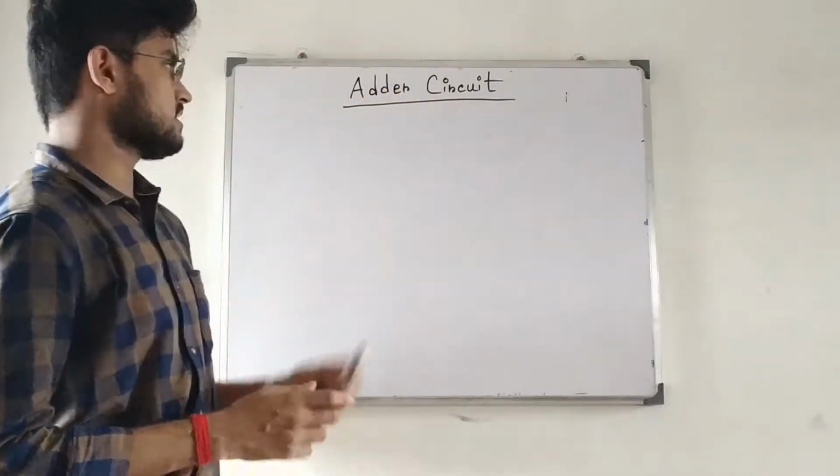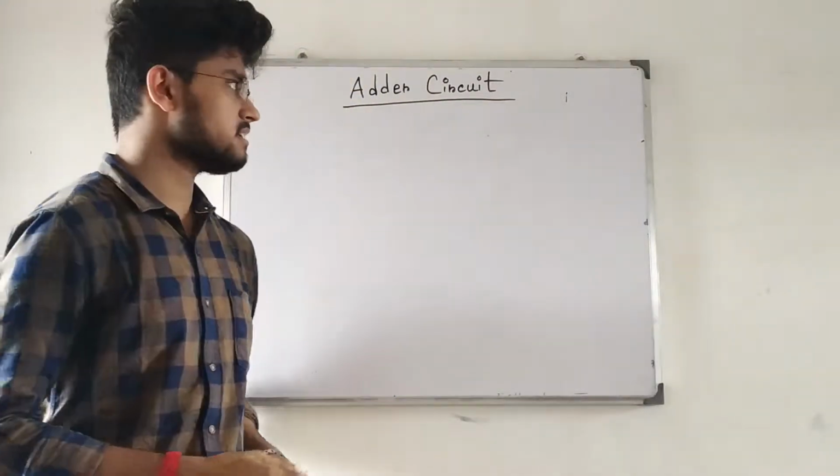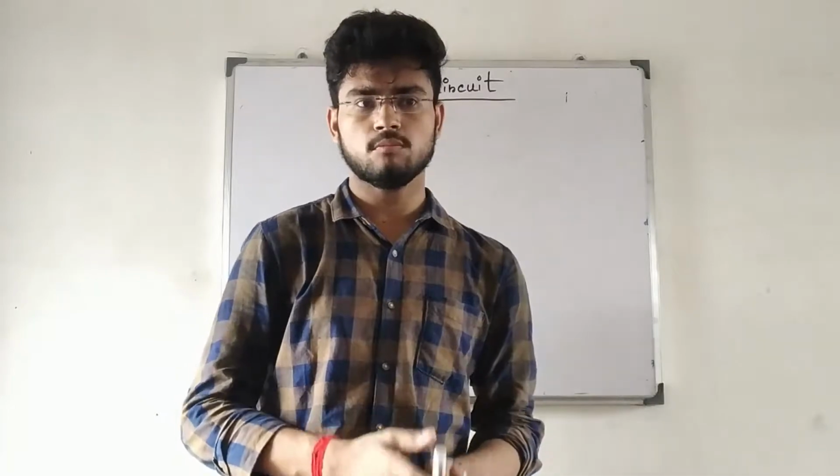So first, adder circuit. So what is adder circuit? In digital electronics, an adder circuit is a circuit that performs the addition operations of two or more binary digits, right?